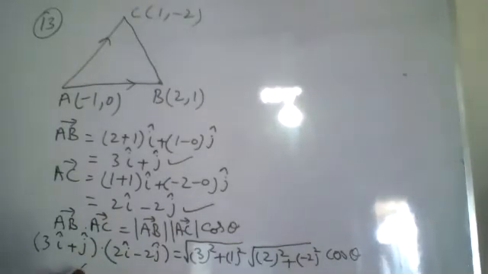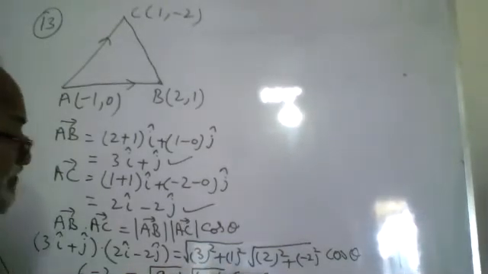Three into 2 will be 6, 1 into -2 will be -2, is equal to under root 9 plus 1 into under root 4 plus 4 into cos of theta.